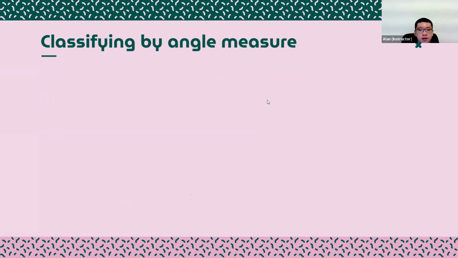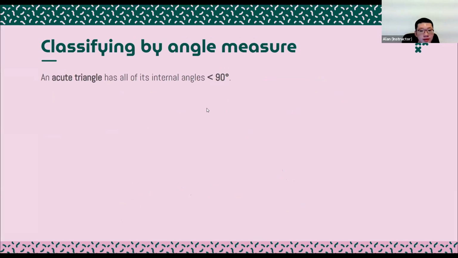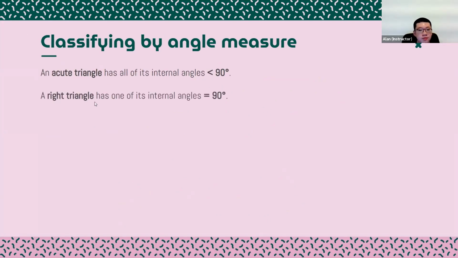So you can also classify triangles by angle measure. An acute triangle has all of its internal angles less than 90. A right triangle has one of its internal angles equal to 90 degrees, because 90 degrees, as we learned in the last class, is a right angle. So since it has a right angle, we call it a right triangle.